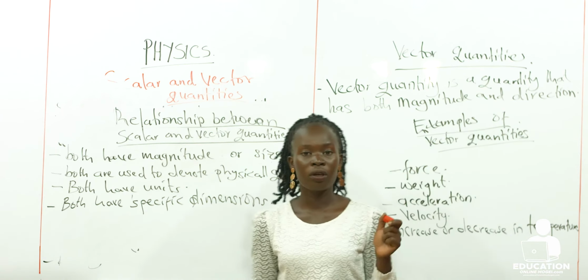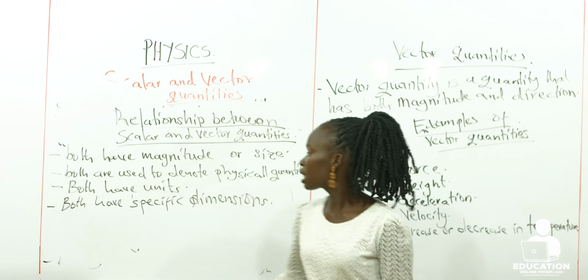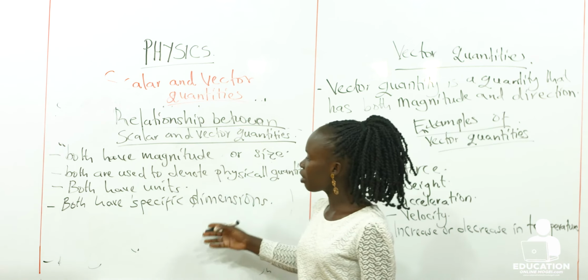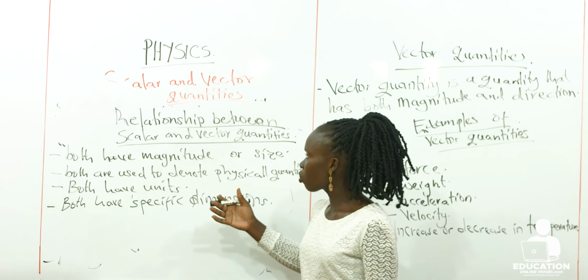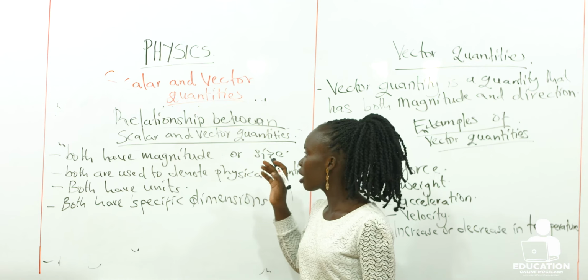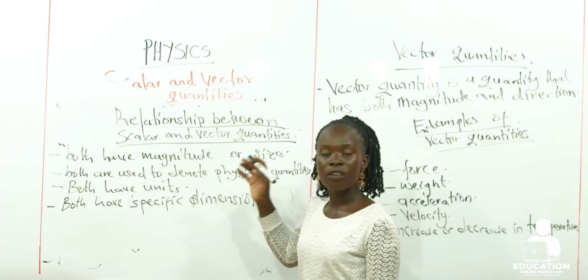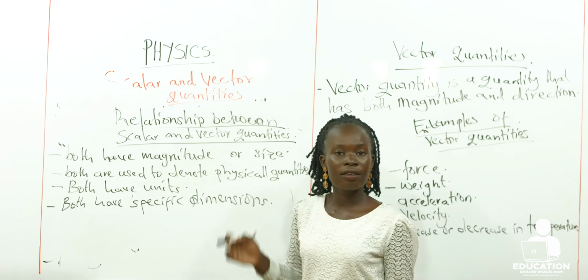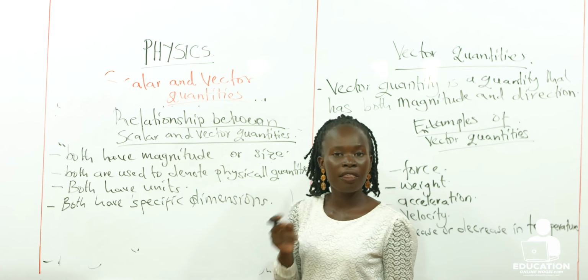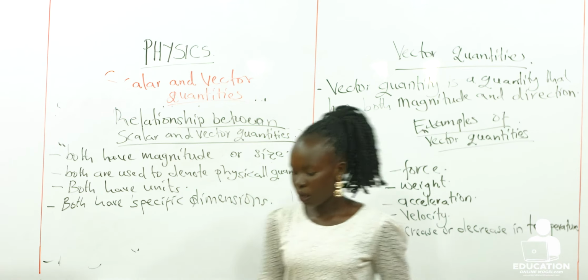Let's look at now the differences. If these three things here we've noted are the things connecting these two, the scalar and the vector, what do you think are the other things that can differentiate the two? Let's look at that.